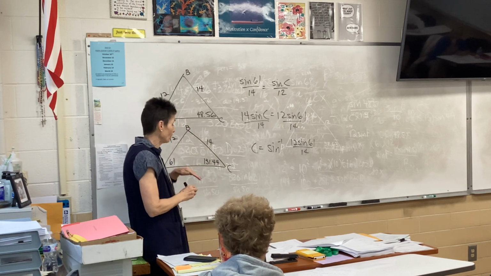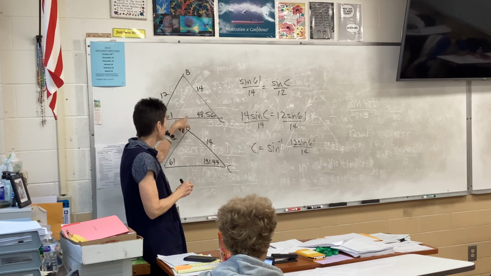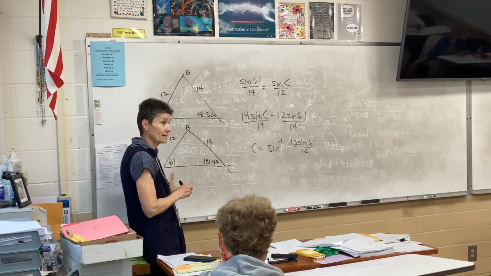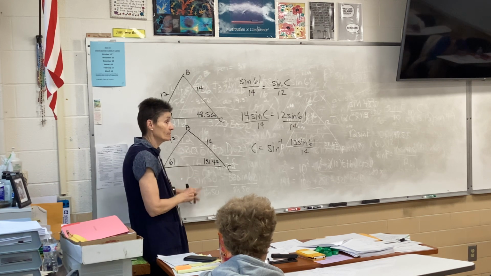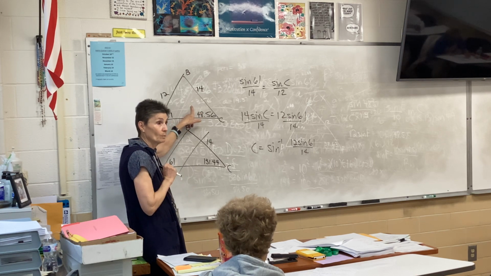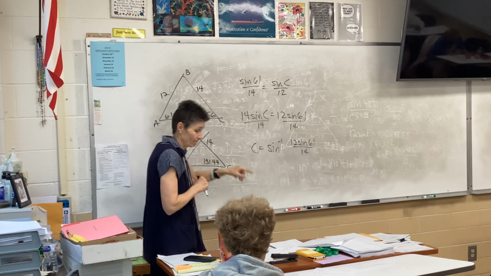And ask myself, would that also be possible? That one's possible. What about this one? No, why not? These angles are too big, right? So that one didn't work. So how many triangles are possible? One. Just one.